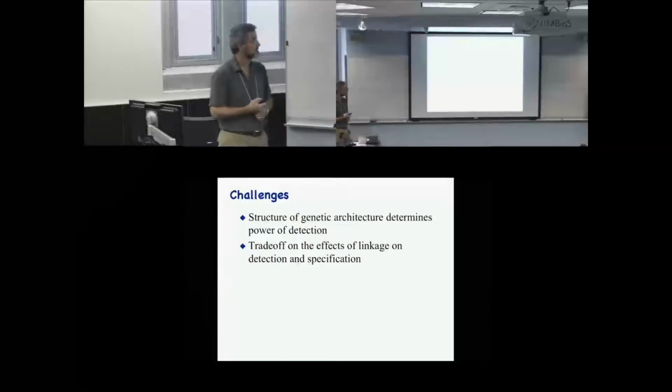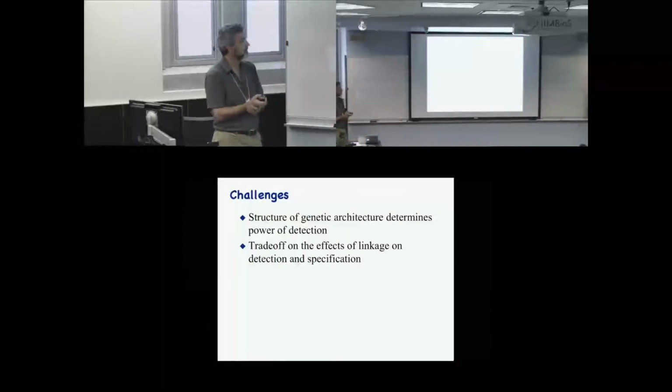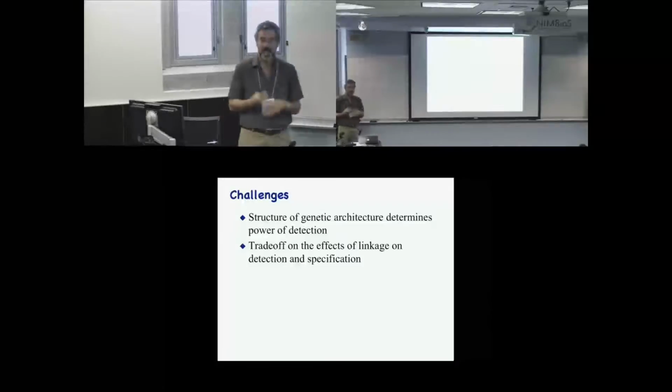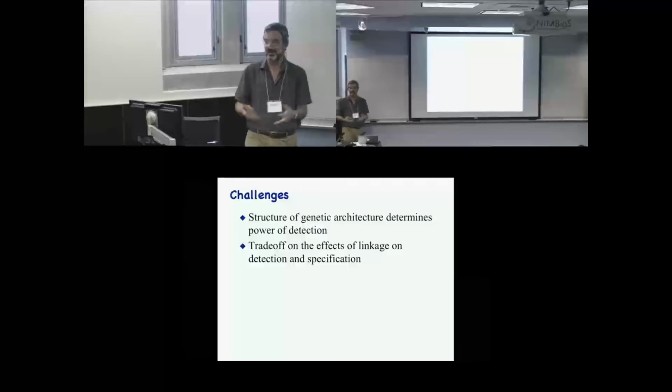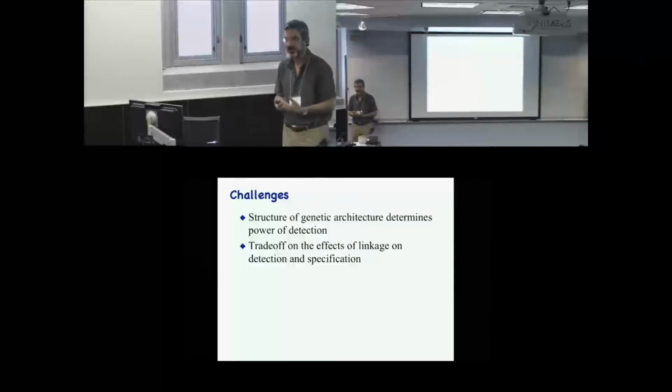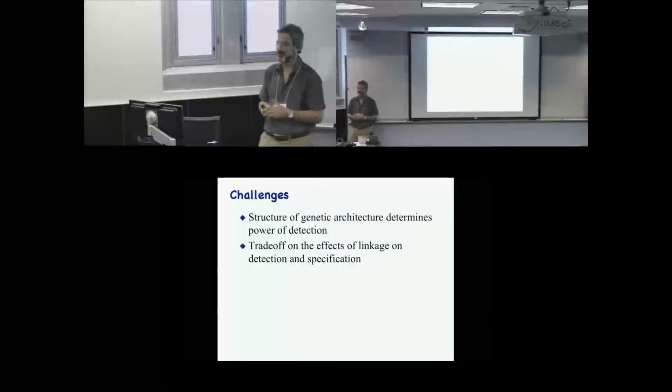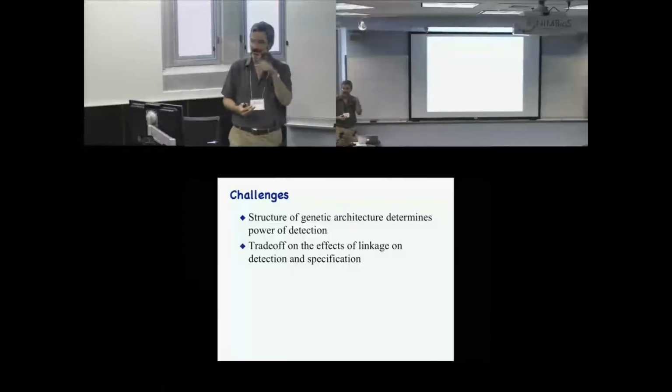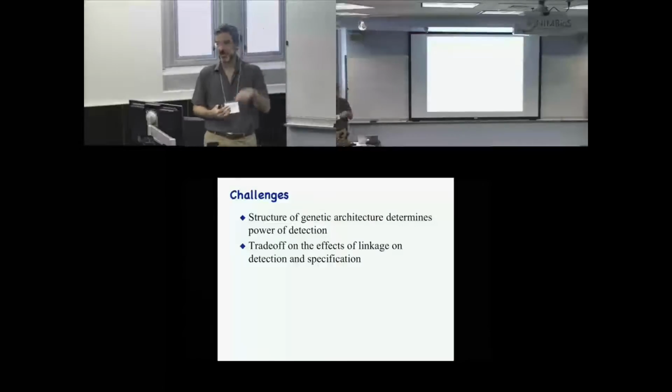So the primary challenges here are that, as I intimated, the genetic architecture, that is the actual number of genes that are influencing the trait, completely determine whether or not your method is going to work. And of course, we don't know what that is until we start doing the experiment. And so there's a bit of a circularity in designing the appropriate experiment for the question, because you don't know what the answer is until you start doing it.